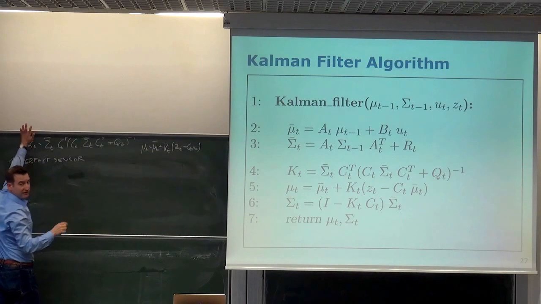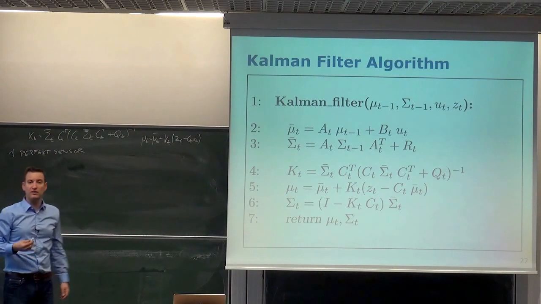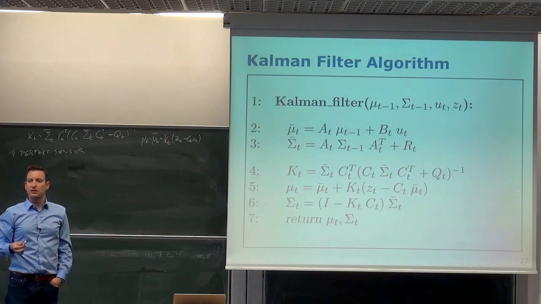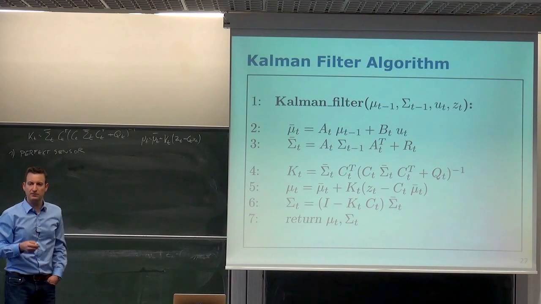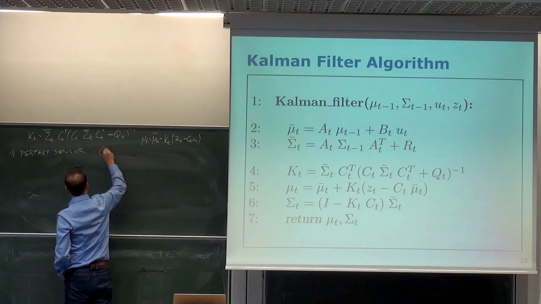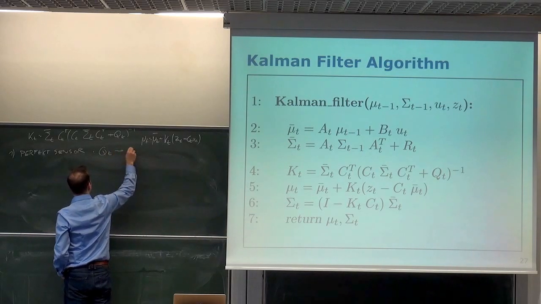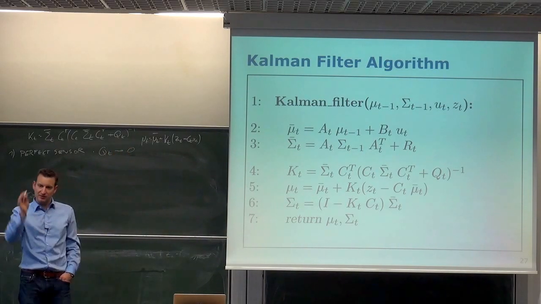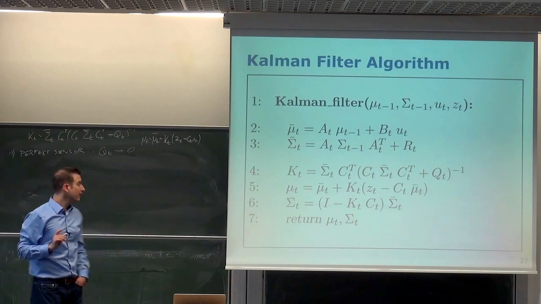What does the perfect sensor mean in terms of those quantities? What does perfect sensor mean? Let's say if you have the 1D case, it's basically 0. Okay, what does it mean?